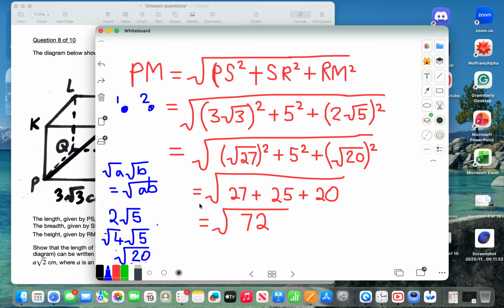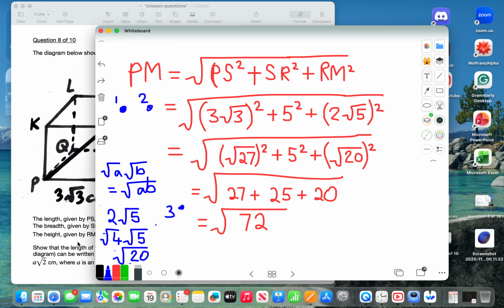And this is the third mark for this. So we have the space diagonal as root 72, but we have to write it in the form a root 2.